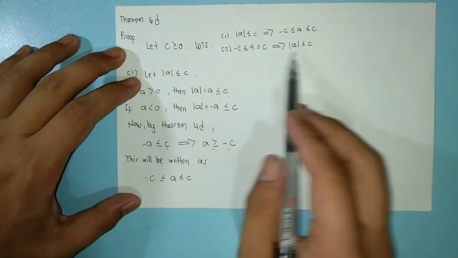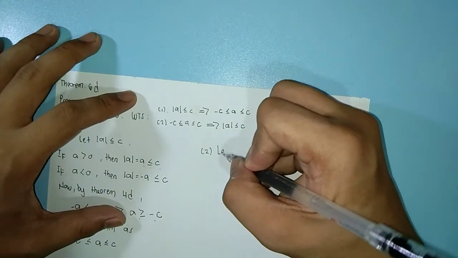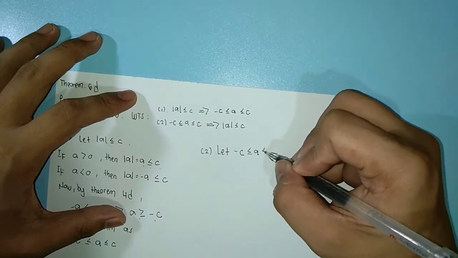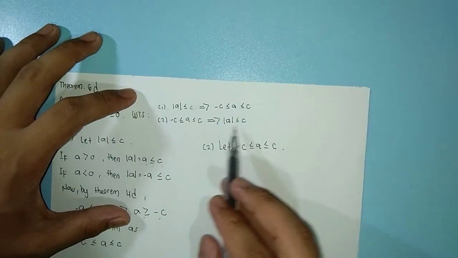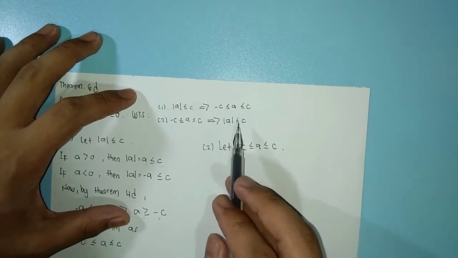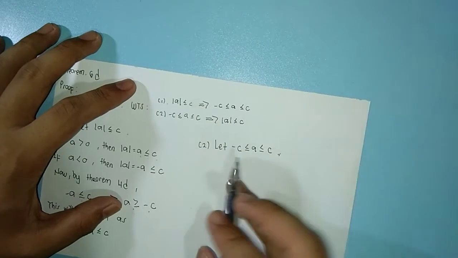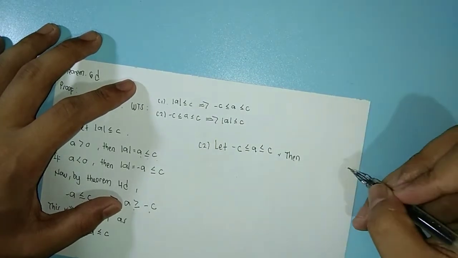So, ito naman ang gawin natin. So, let negative c less than or equal to a less than or equal to c. So, kailangan nating maipakita na yung absolute value ng a ay less than or equal to c. So, kung ito yung statement natin, pwede nating paghiwalayin yan.